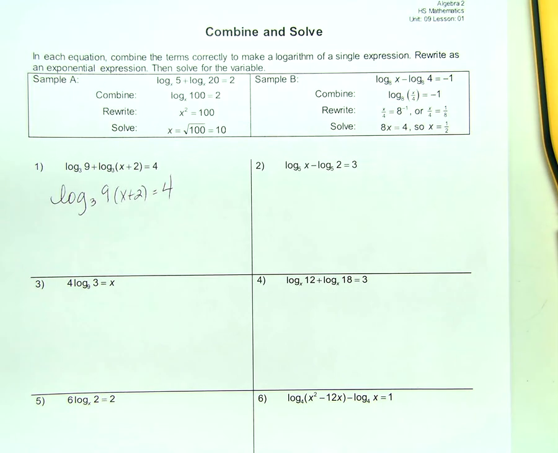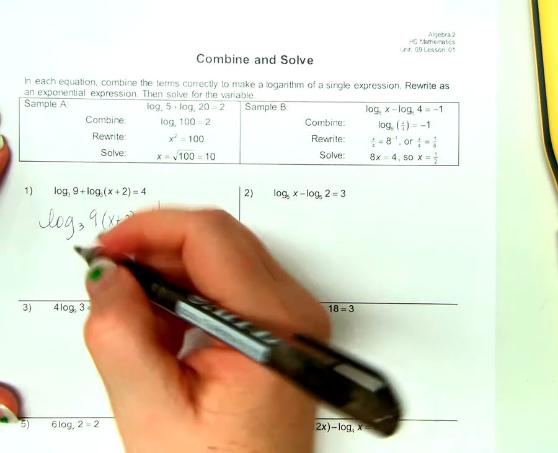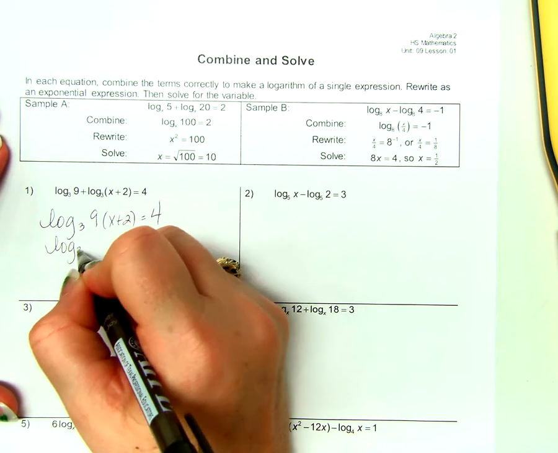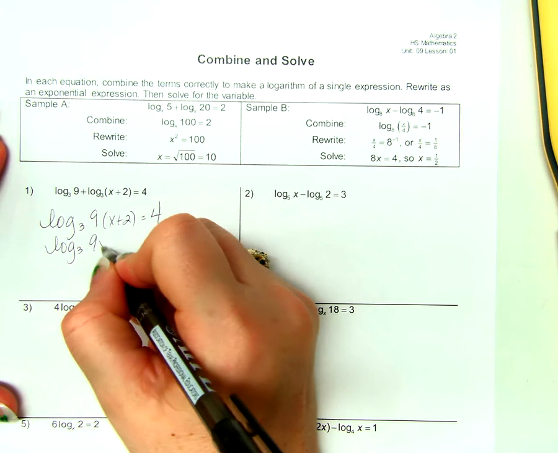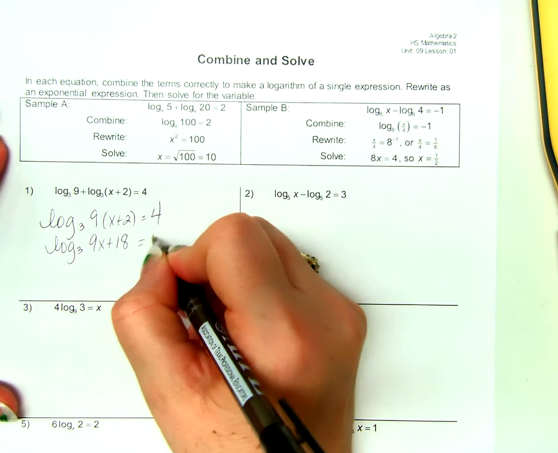Should we multiply it out? What do you think? Yes. Okay. Whoa. So we have log base 3 of 9x plus 18 equals 4.